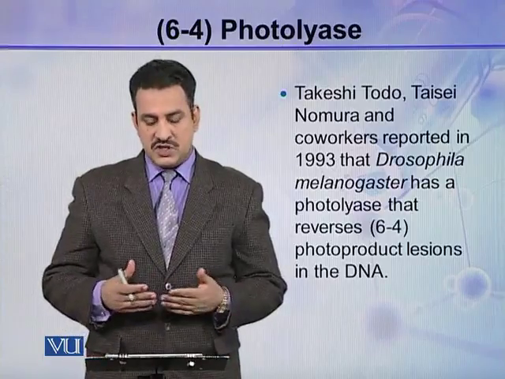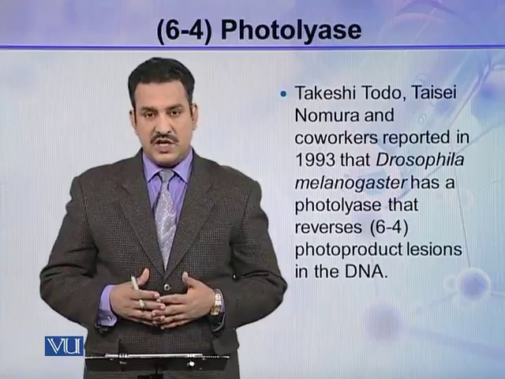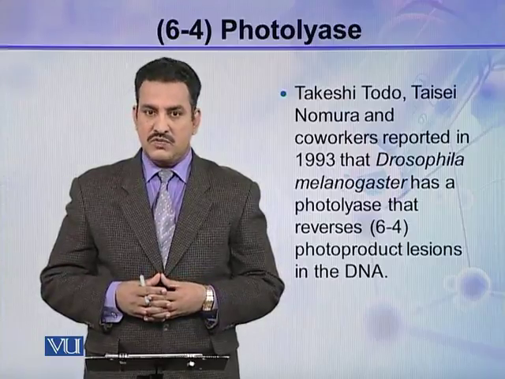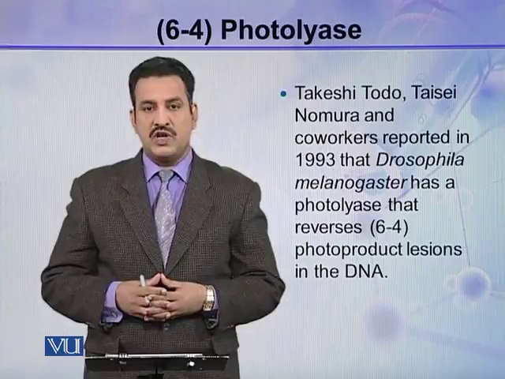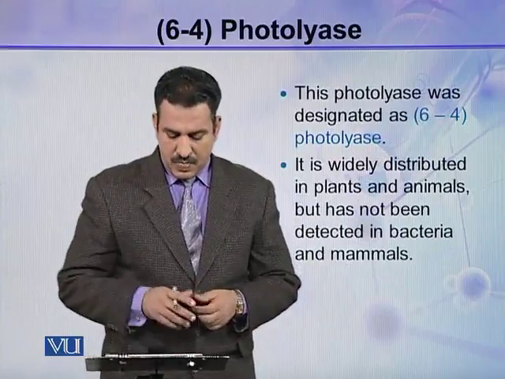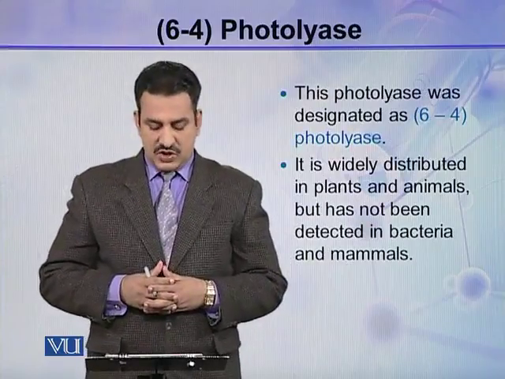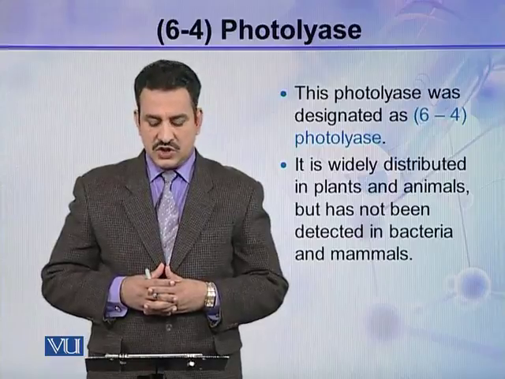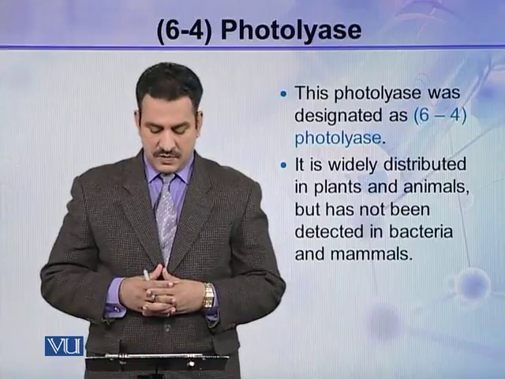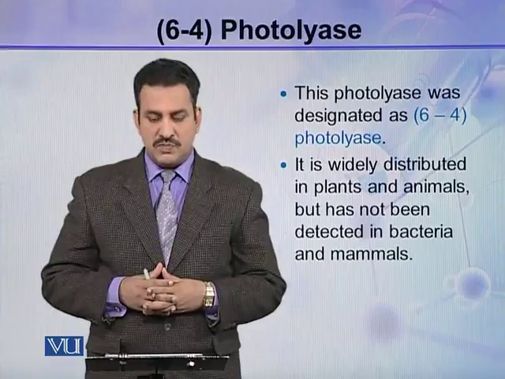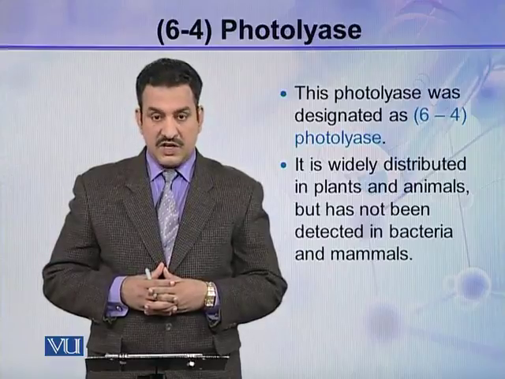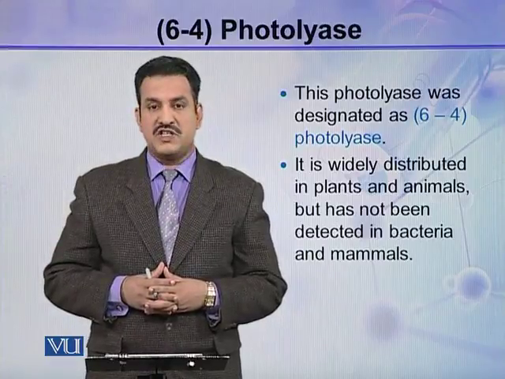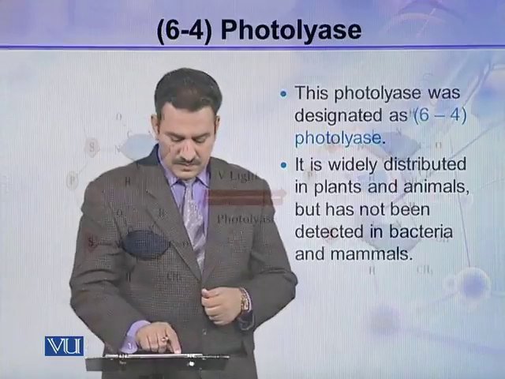So they discovered this enzyme, 6,4 photolyase, in fruit fly, that is Drosophila melanogaster. This photolyase was designated as 6,4 photolyase. It is widely distributed in plants and animals, but has not been detected in bacteria and mammals.